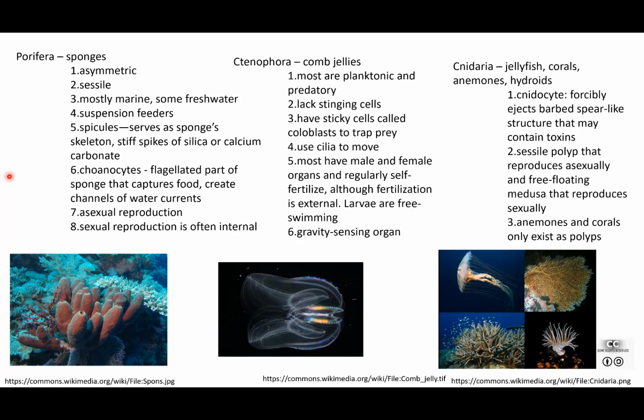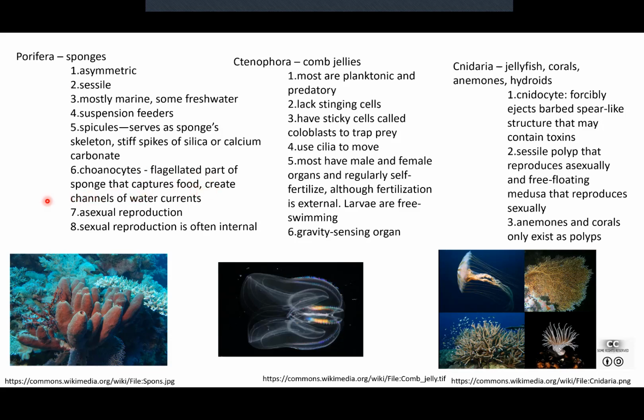Porifera are the sponges. So they're asymmetric, sessile, meaning they don't move, they're attached to their substrate. They can mostly be found in marine environments, although some are freshwater. They're suspension feeders, so they have choanocytes inside, which is a flagellated part of the sponge, which captures food.